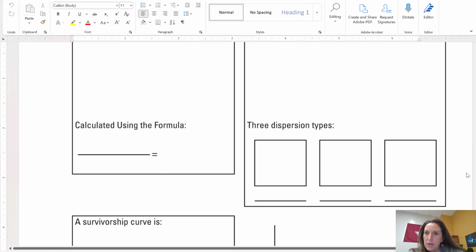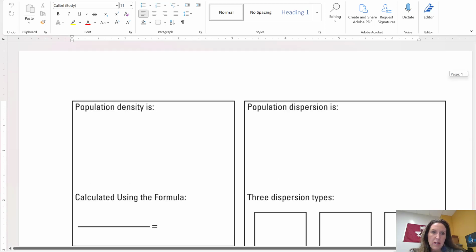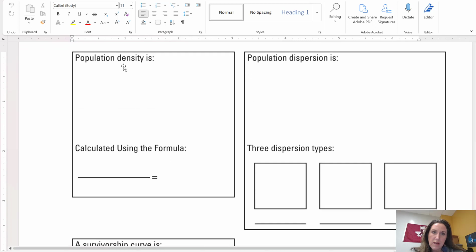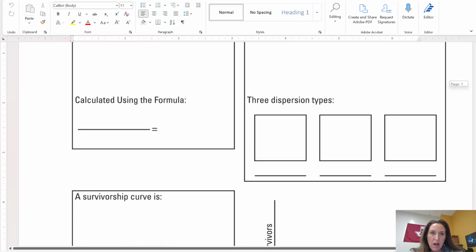Okay, so I just want to walk you through the notes first. This is going to be the definition of population density, definition of population dispersion. On dispersion, these are the three types, and they want you to draw the examples that I show you. The formula goes there.